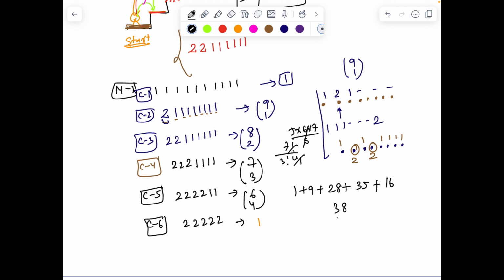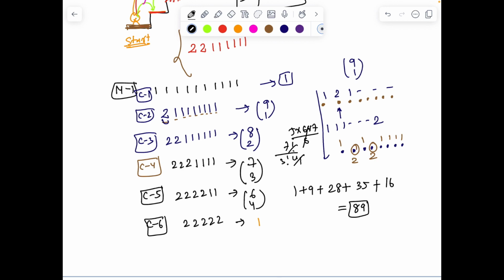So it's 10, 38, 35 and 16. 89. Okay, so this counting is going to give me 89.